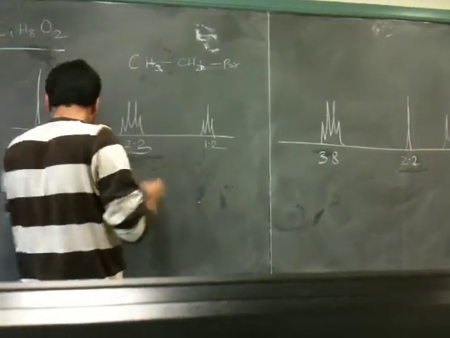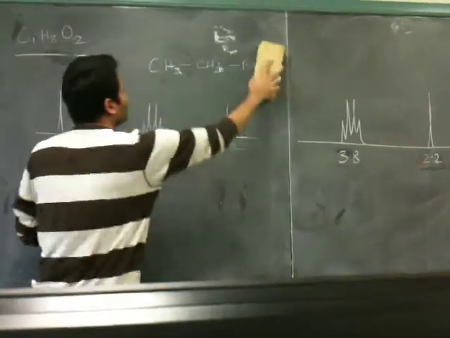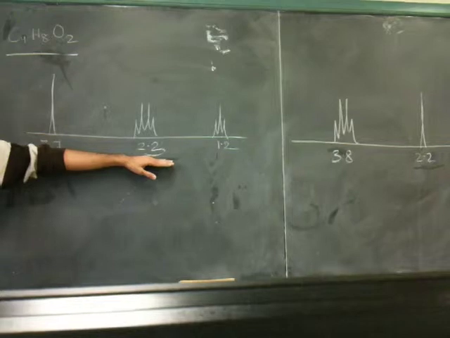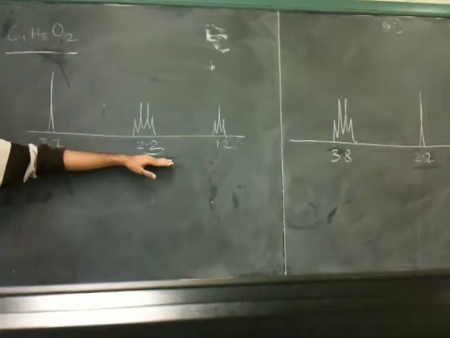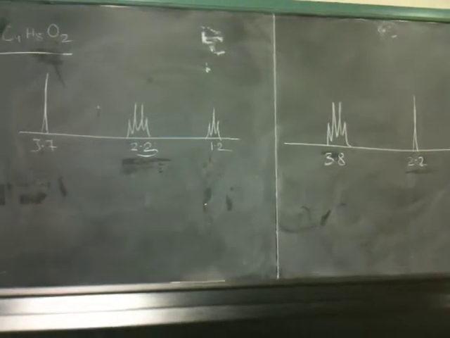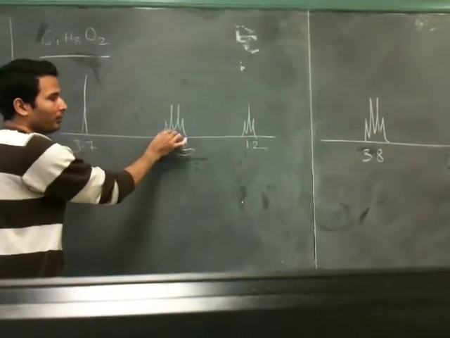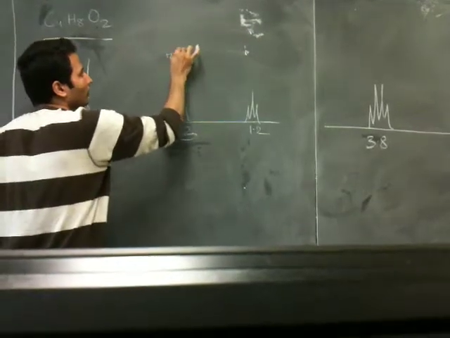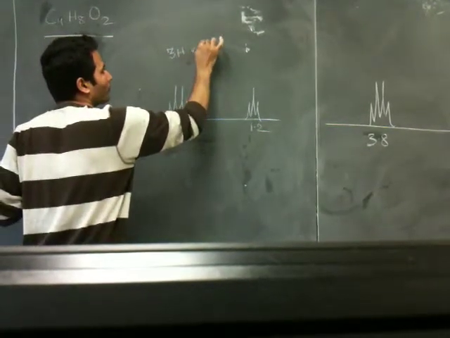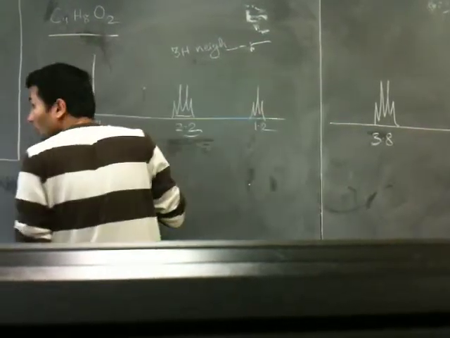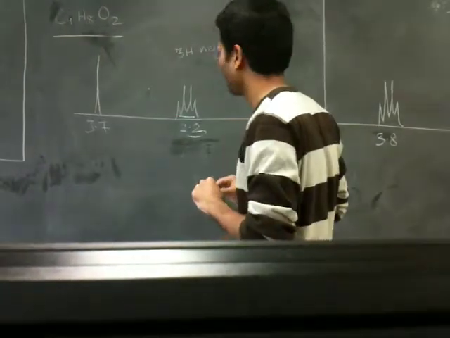Okay? So like that, you can see in this one that there is one set of protons which is attached to the electron withdrawing group. Now, the splitting. This one has 3 neighbors. Did you say 3.7 has one hydrogen or no hydrogen?